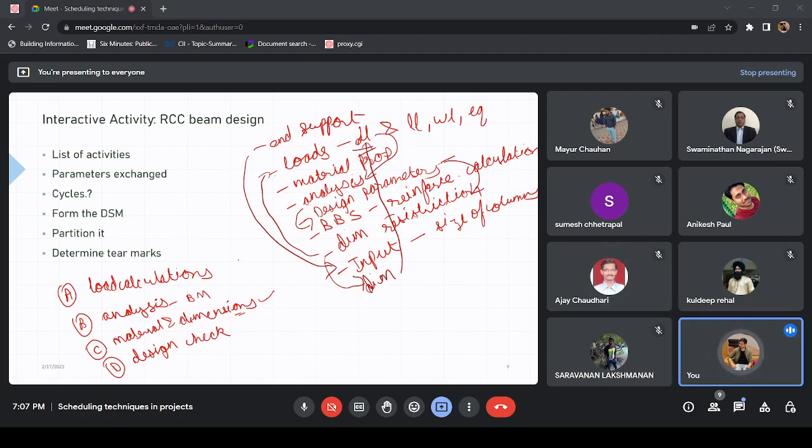Now let's work on what parameters they are taking in and giving. For load calculations, you will need dead load and live load. Live load is fixed, as you already determined the purpose. Dead load depends on the materials and dimensions, right?